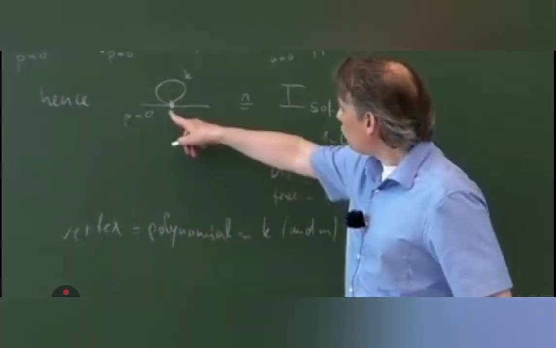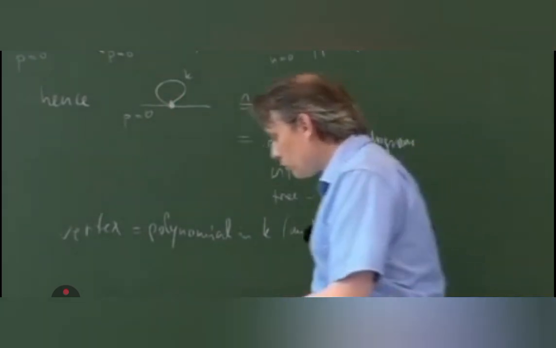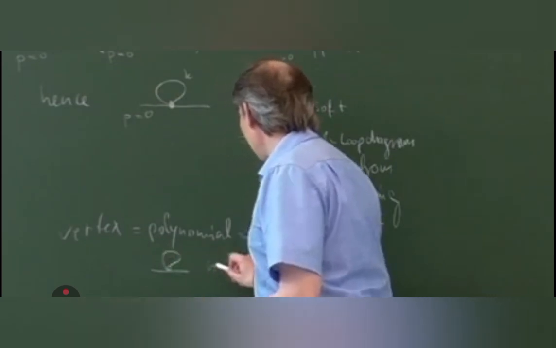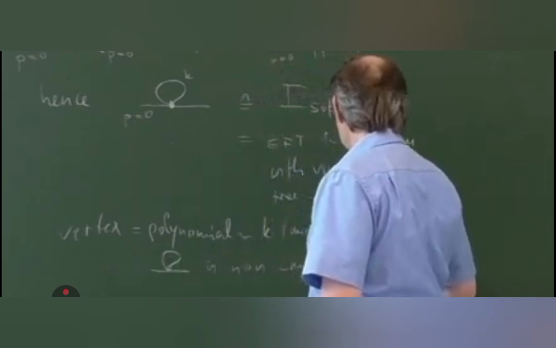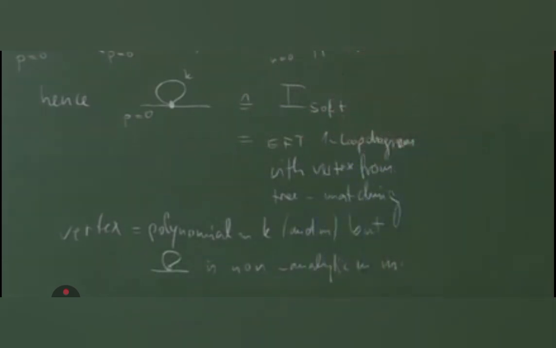But once we use that vertex and calculate the actual loop diagram, then we get a non-analytic dependence in m. Okay, so we saw that from the explicit calculation.